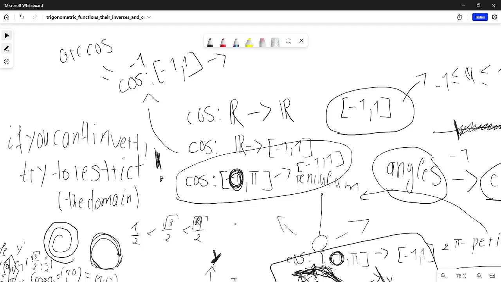That's why arc. Right, that's no problem. And those angles are called main values of the arc cosinus. So if you give cosinus from here, then the arc cosinus will always be given in here.